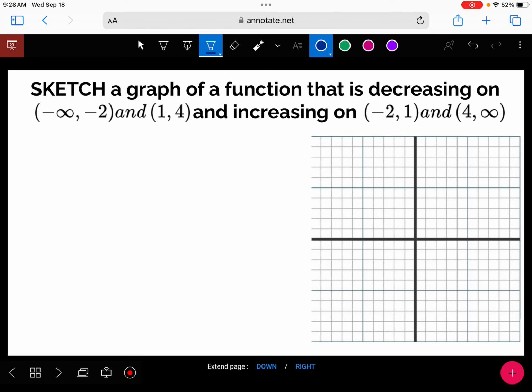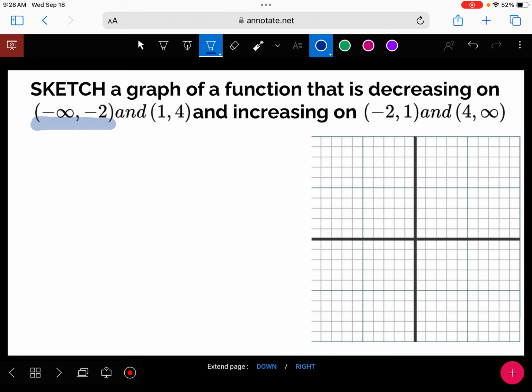So I've now given you 2 intervals for each. We've got decreasing from negative infinity to negative 2 and from 1 to 4. And then we're increasing from negative 2 to 1 and from 4 to infinity. So I'm going to draw myself some little barriers.